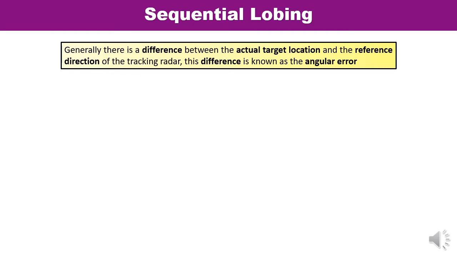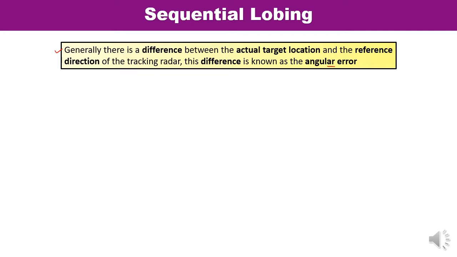Till now we have discussed that there is a difference between the actual target location and the reference direction. If there is a difference between these two points, where the target is actually located and the reference direction of the tracking radar, this difference is known as the angular error.